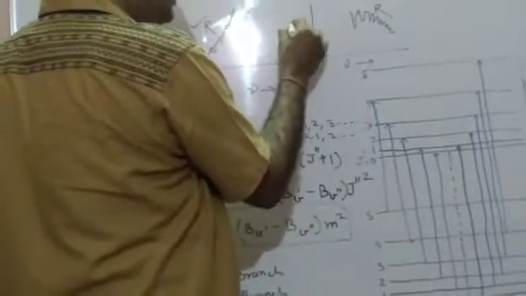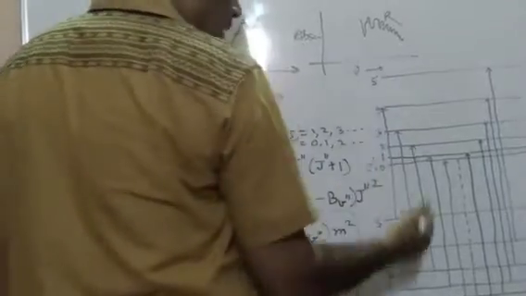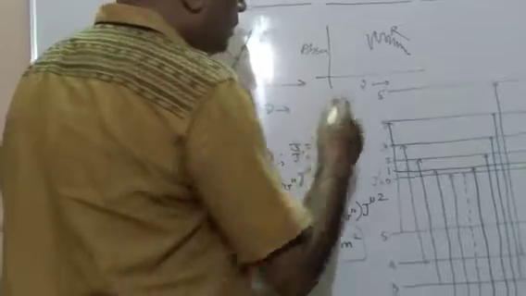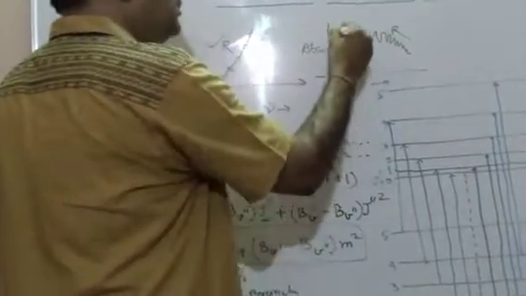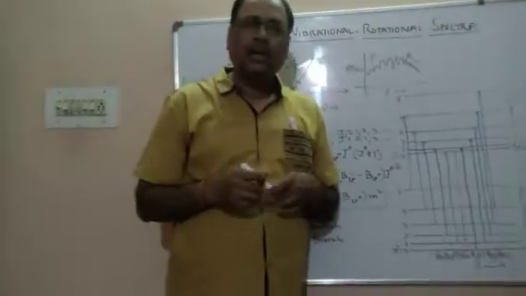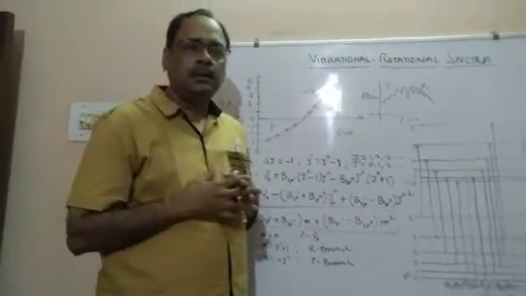And similarly, if we take the P branch, going towards the lower end of the wave number, the spacing increases. So we get the P branch. So by these theories, we can explain the R and P branches of the diatomic molecule.